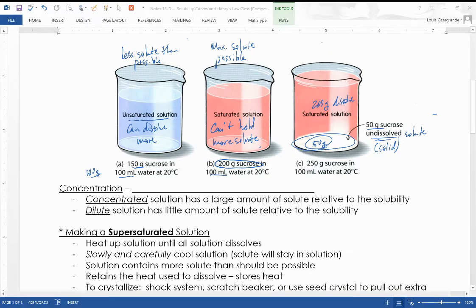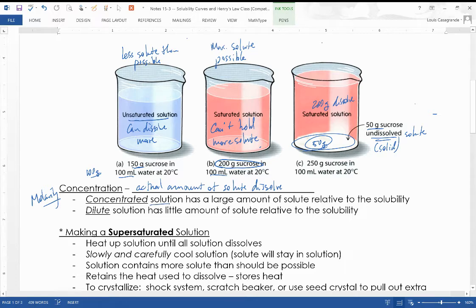Concentration. We saw concentration the other day. Concentration was that molarity. But concentration, as we saw, is the actual amount of solute dissolved. And now we can talk about a concentrated versus a dilute solution in terms of the solubility limit.